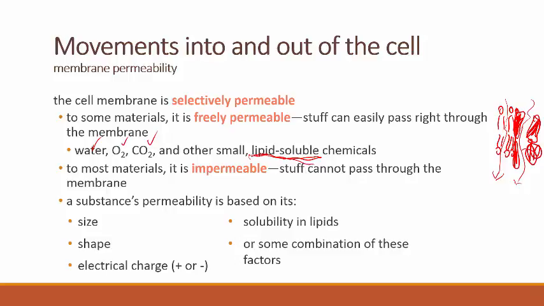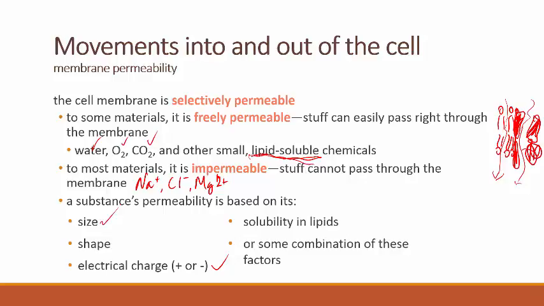But to most materials, cell membranes are impermeable. That means that those things cannot pass through the membrane. Some examples of what a membrane is impermeable to include any ion, any charged particles. So magnesium 2+, chloride ion, sodium ion, they can't pass through. If it has an electrical charge, it doesn't pass. If it's really large, it doesn't pass.